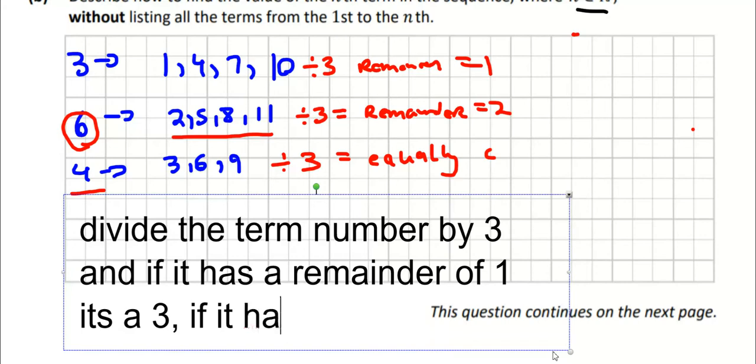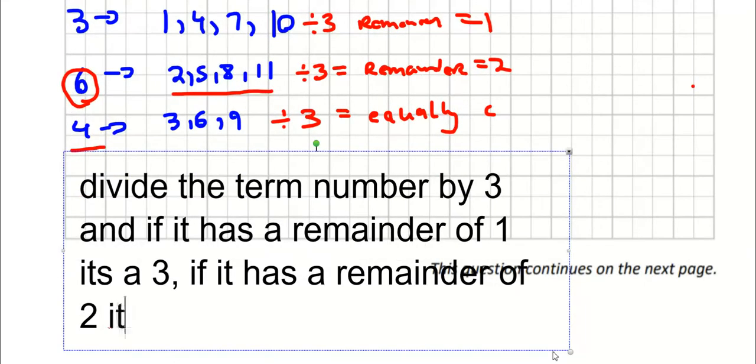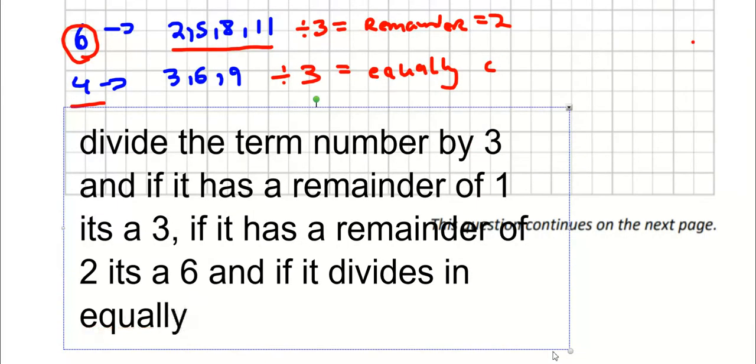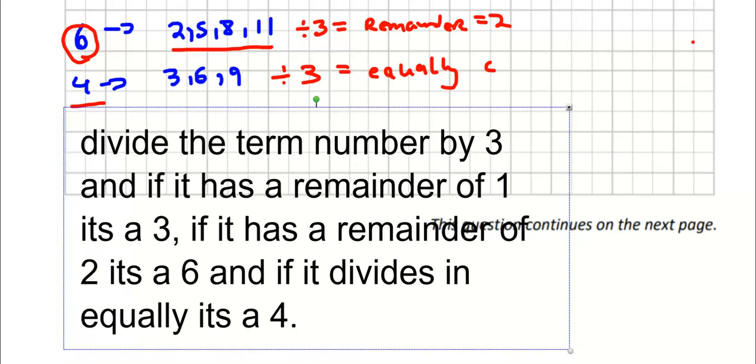If it has a remainder of 2, it's a 6, and if it divides in equally, it's a 4. Done. Okay guys, let's move on.